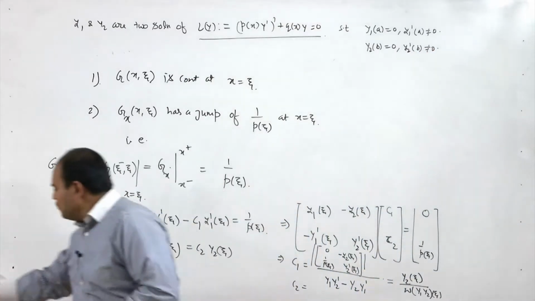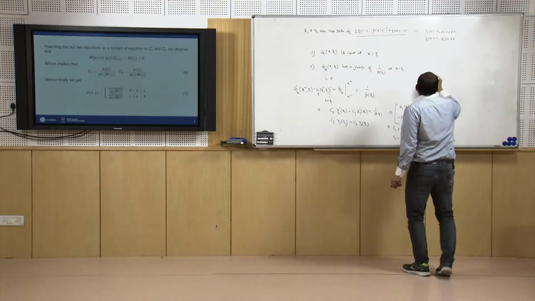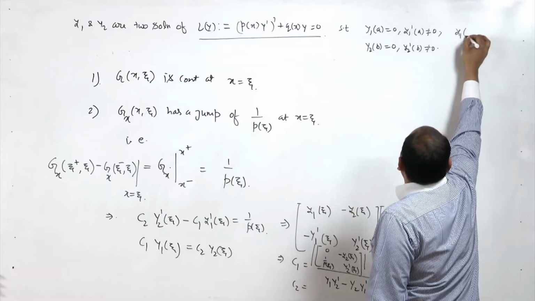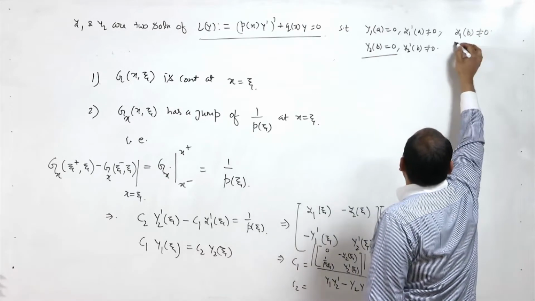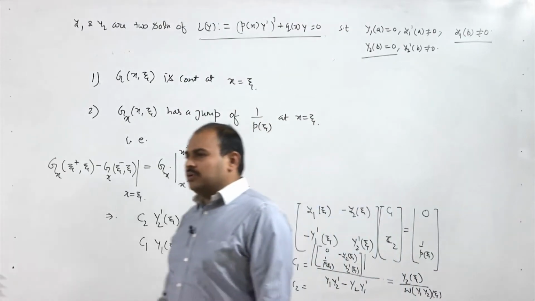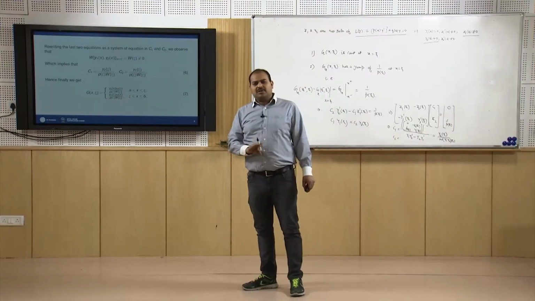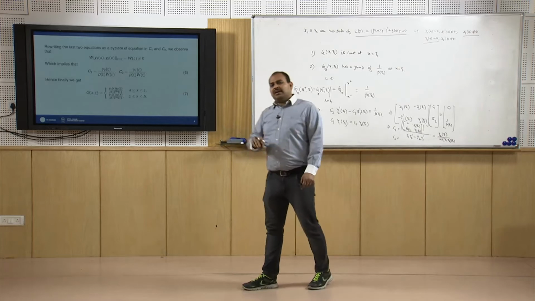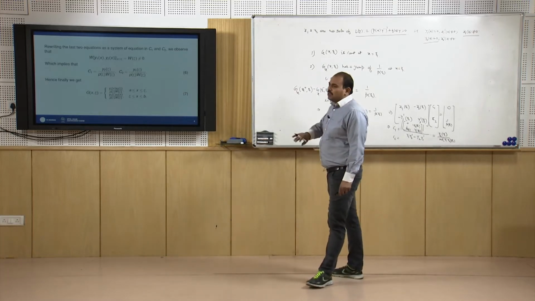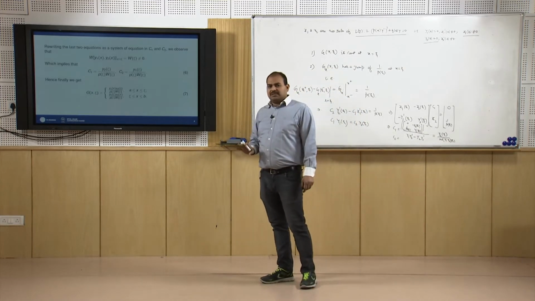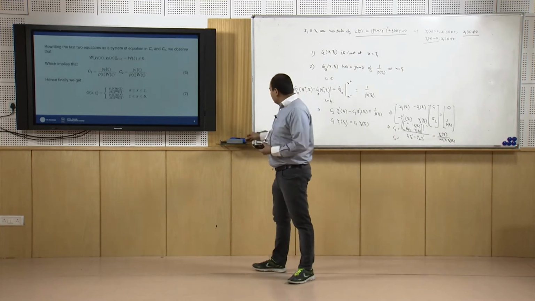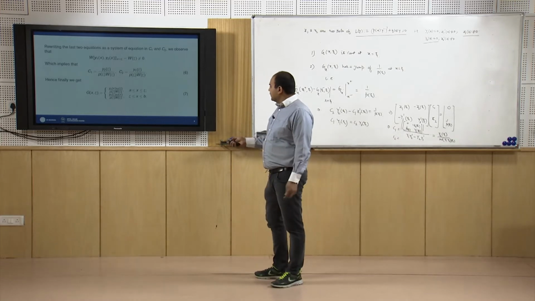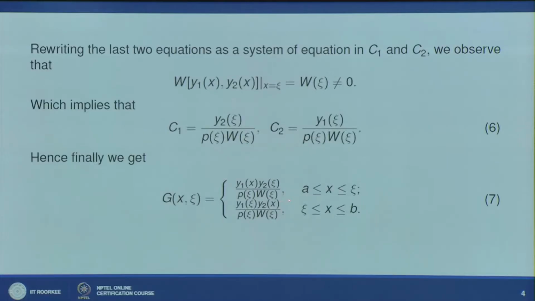Also we have assumed one more condition on Y1, that Y1(b) is not equal to 0. With the condition that Y2(b) is equal to 0 and Y1(b) is not equal to 0, and both are solutions of Ly equal to 0, this is possible only when Y1 and Y2 are two linearly independent solutions. That's why we are able to write down the solution like this, because if W(xi) is 0, then we cannot write it like this.